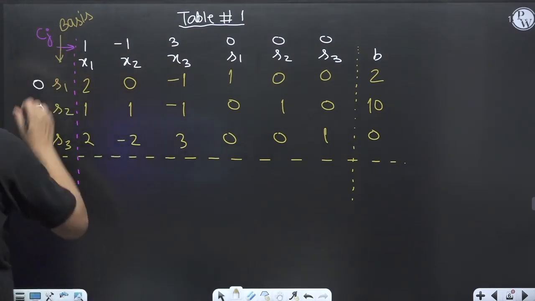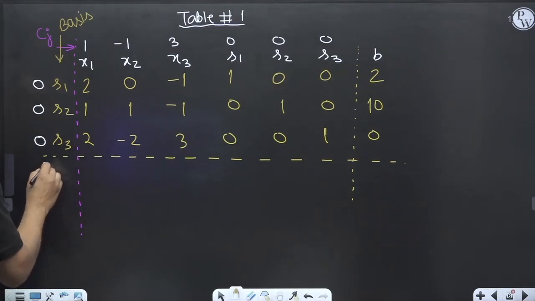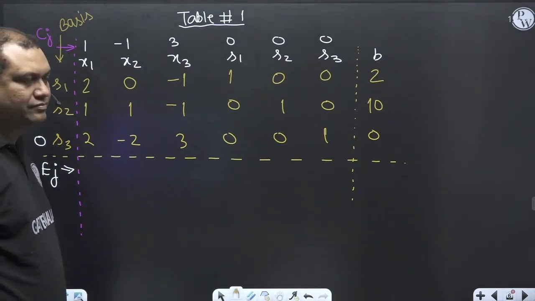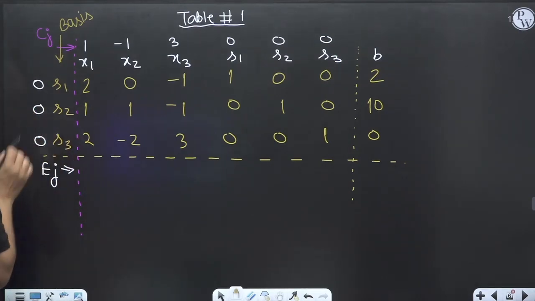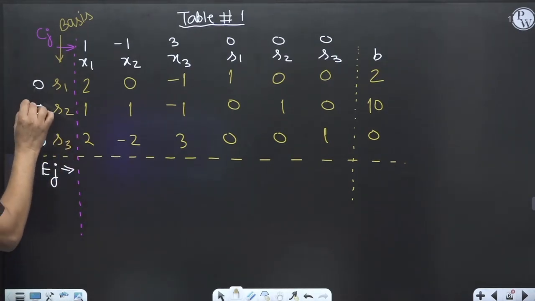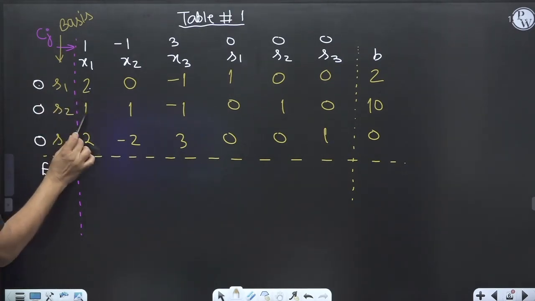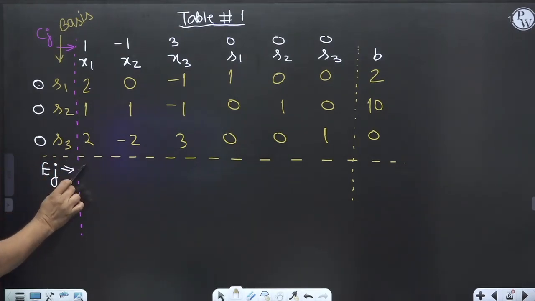Now, see, this is the C0. Now, there is something called E0. You know what is C0? Look at the board carefully. This into this, plus this into this, plus this into this. Write it here.